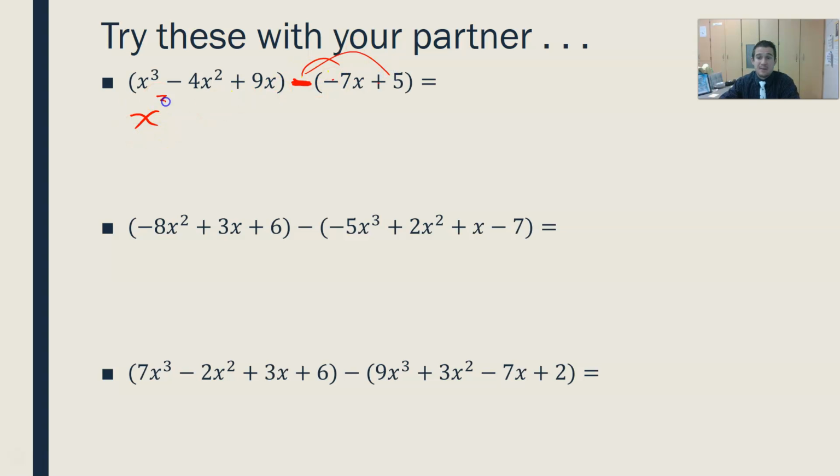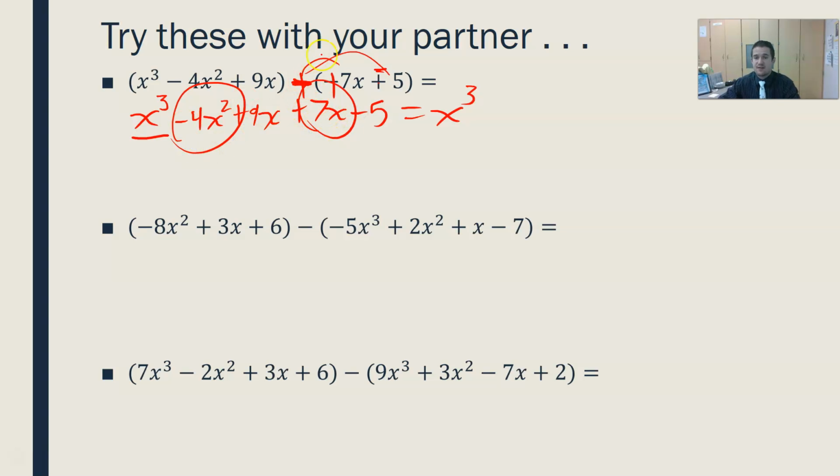So if I get rid of the parentheses, I have x cubed minus 4x squared plus 9x plus 7x minus 5. See that? I just changed each of those signs. Now it turns into an addition problem. So x cubed, there aren't any other x cubes. X squared, I have negative 4x plus 7x, which is a positive 3x.